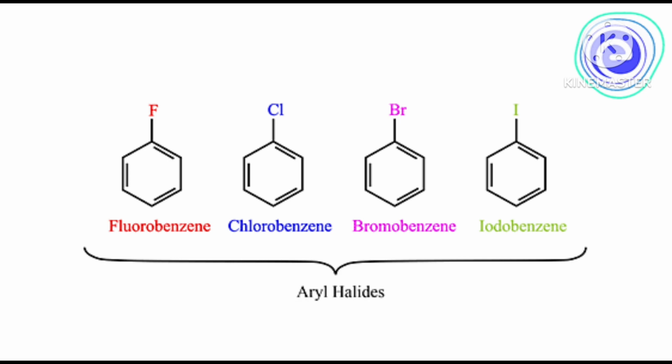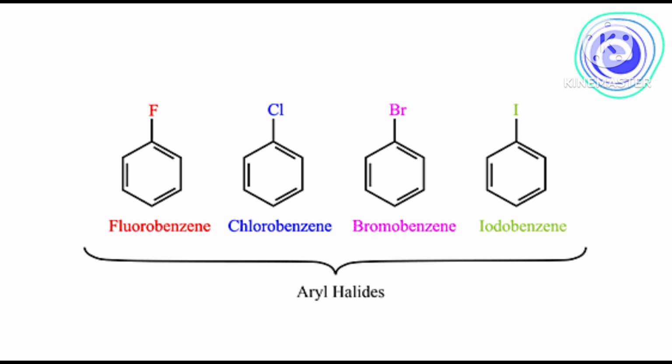Hex means 6 carbons, and this is a ring structure, a cyclic one. You can tell cyclohexene, because without cyclo, hexene may be a normal long chain, normal n. But here it is cyclic, so cyclohexene.